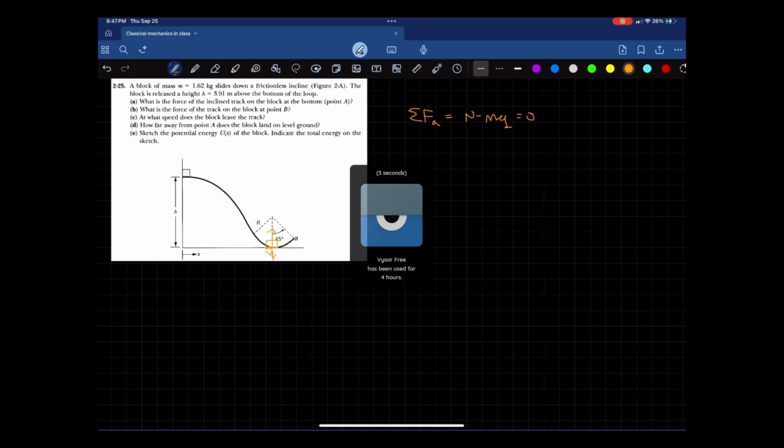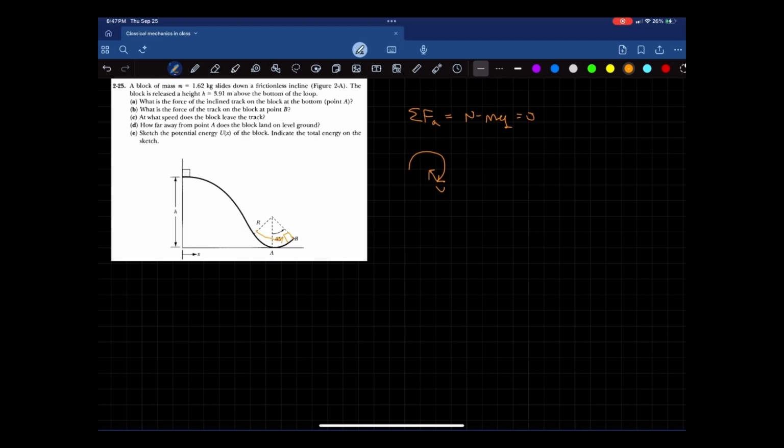Now, the force of the track on the block at point B. Point B gets a little more difficult because we don't have a flat area to work with. There's this curve right here. In introductory mechanics, we learned that any time an object goes through circular motion, it experiences centripetal acceleration.